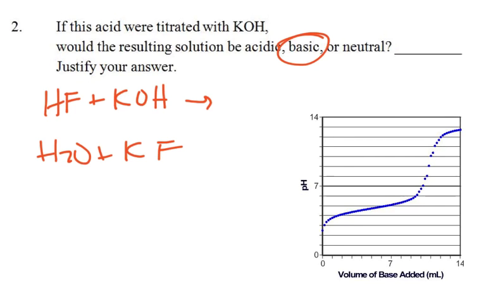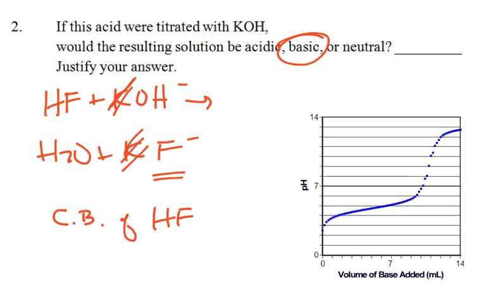Now the KF, we really don't care about the K. That's going to be a spectator ion. The K is going to go out of here. But we're going to have that F- solution. And that F- is the conjugate base of the weak acid HF, and that is going to make the solution basic.